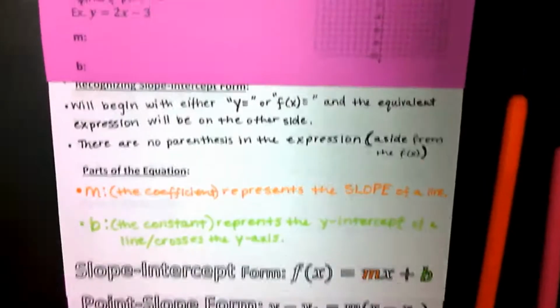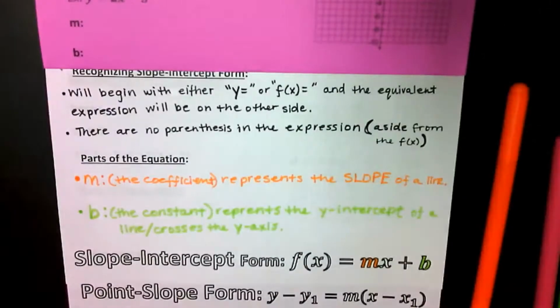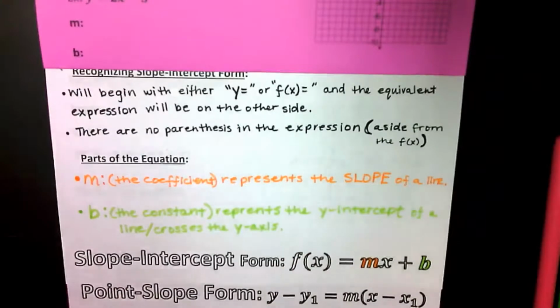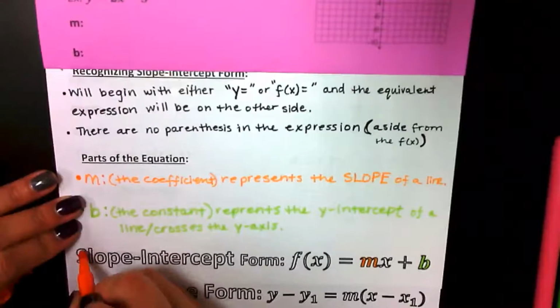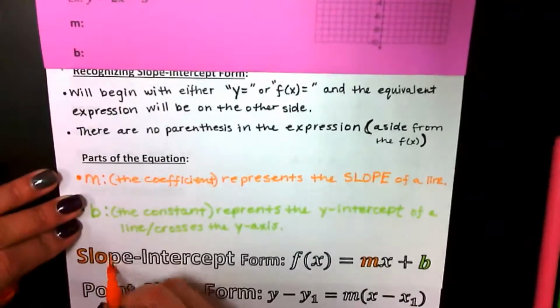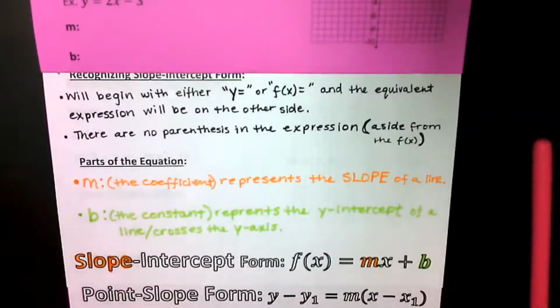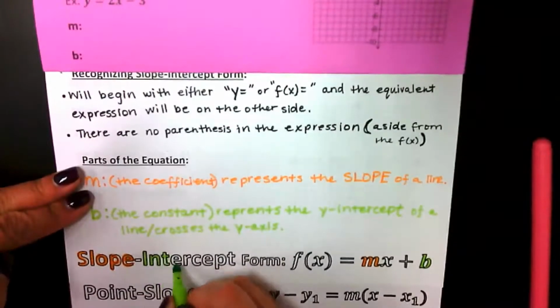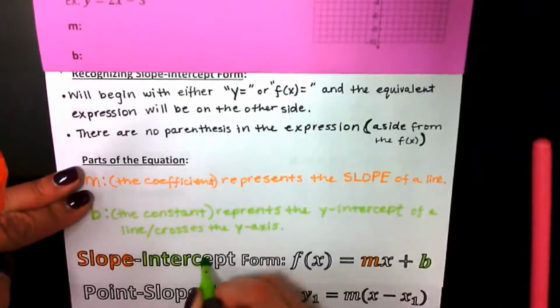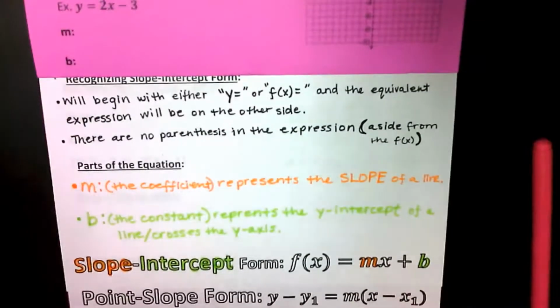For those of you who were absent, we had stated that with slope-intercept form, you of course find your slope, which you guys told me was the m, the coefficient, and aside from finding your slope from there, you also find specifically your y-intercept, which is your b.